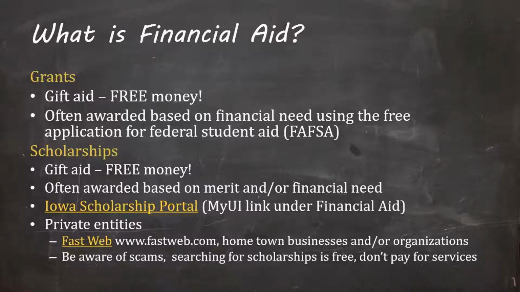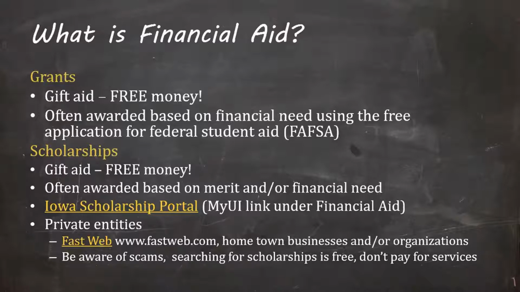The website is fastweb.com. I always like to remind students and parents that if you are searching online, these searches are free, including scholarships. So, be aware of any potential scams. If a website presenter is asking for a credit card or some form of payment, I would back out of that website and close it down.